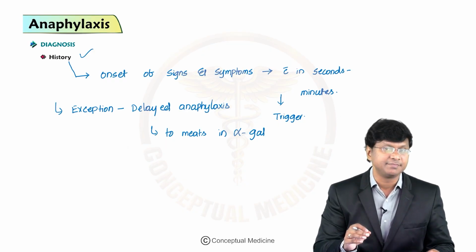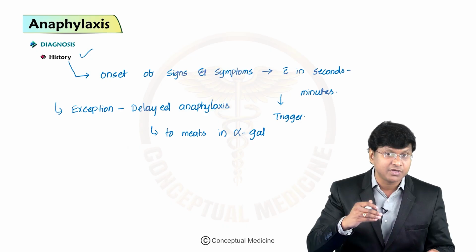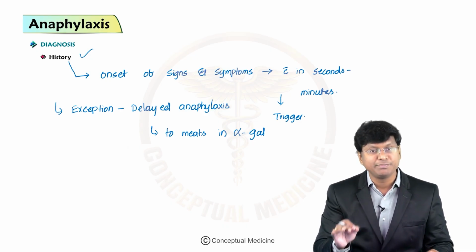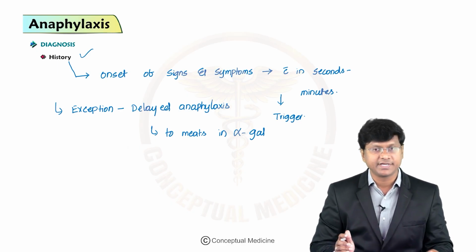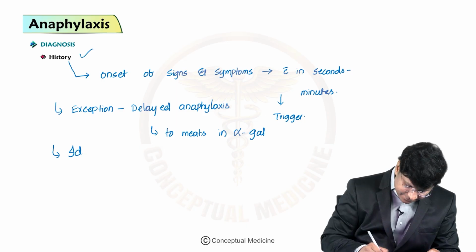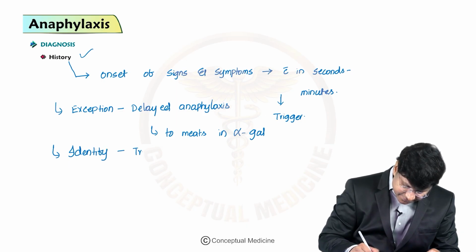Every attempt to identify the specific cause or causes should be made so as to minimize the risk of recurrent anaphylaxis. So you should be able to identify the triggering agent.